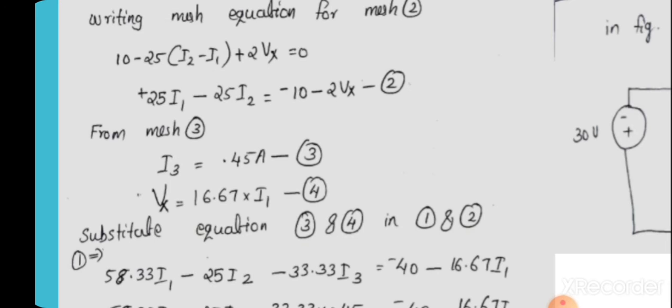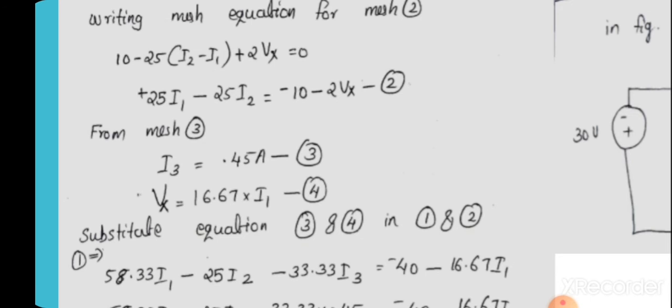Okay. And by multiplying the terms inside the bracket with the outside quantities, you will get 25I1 minus 25I2 equal to minus 10 minus 2Vx. That is equation number 2. I am multiplying the terms inside the bracket with the outside quantity, and rearranging the terms. That is why I am getting this equation. I am not showing each and every step in the notebook.